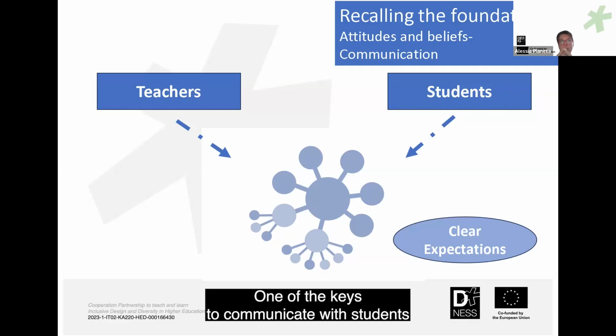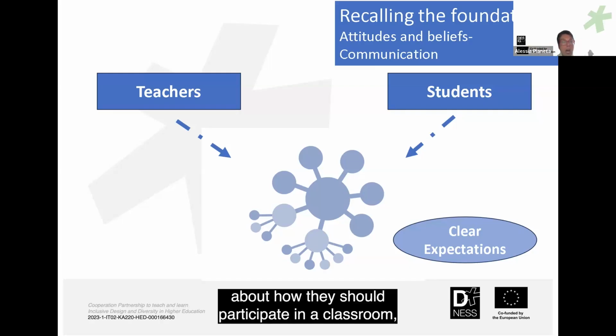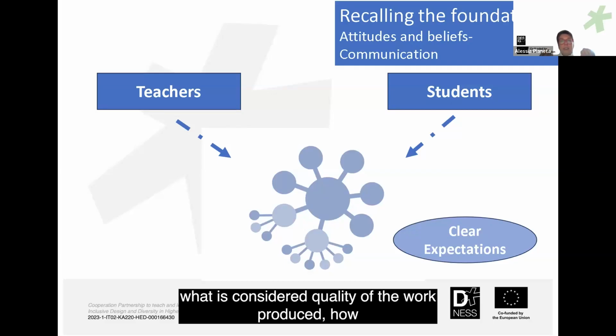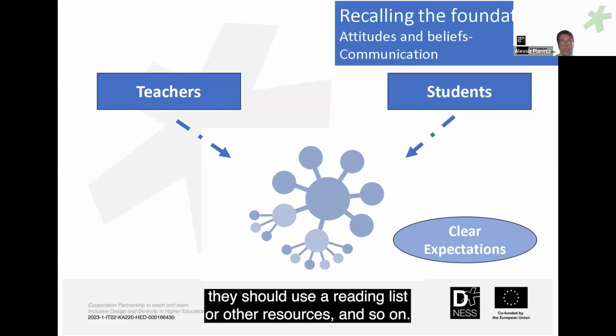One of the keys to communicating with students is clarity of expectations. Students will have different expectations about how they should participate in the classroom, how and when they have to complete work, what is considered quality of the work produced, how they should use reading lists or other resources, and so on.